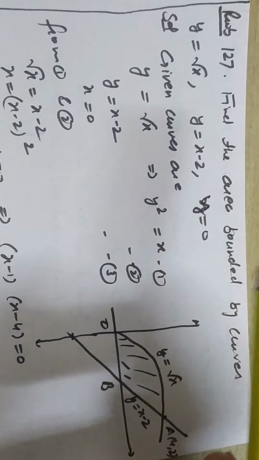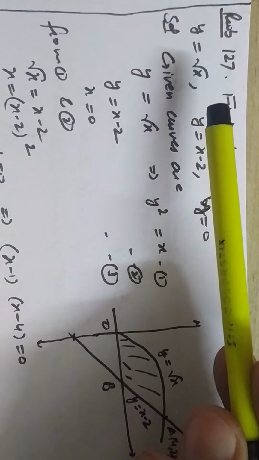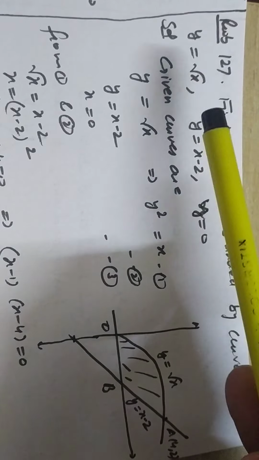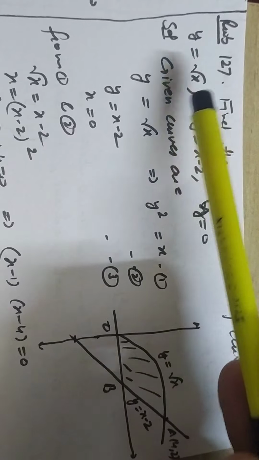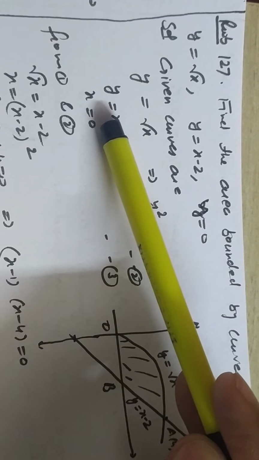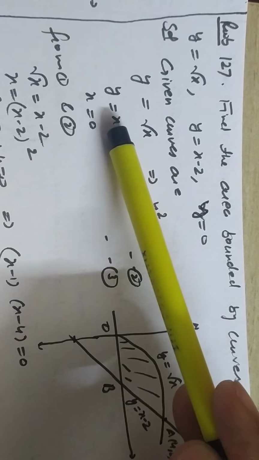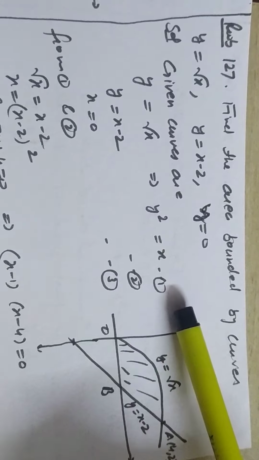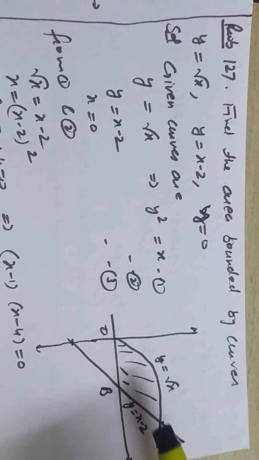Next, find the area bounded by the curves y is equal to square root x and y is equal to x minus 2. Now look carefully. y is equal to square root x gives you y square is equal to x, and this is y equal to x minus 2. So y equal to x minus 2 is the straight line, and y square is equal to x is a parabola.